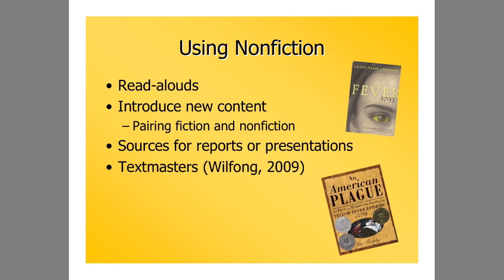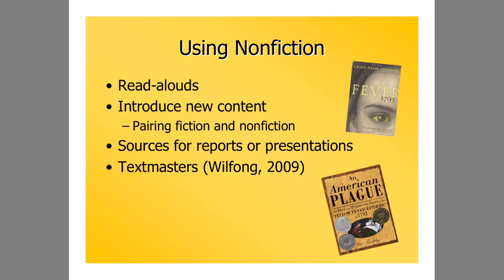There are a couple of children's and young adult books that you could use for teaching that topic. For example, Laurie Halse Anderson has written this book, Fever 1793, which is about a teenage girl whose family is impacted by the yellow fever epidemic that strikes Philadelphia in 1793, and the book also talks about the impact of the fever on Philadelphia as a whole, not just on her family.